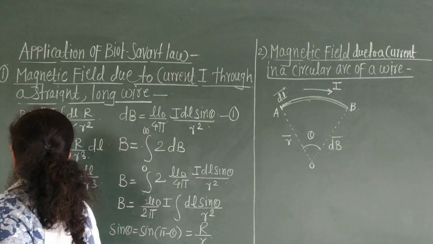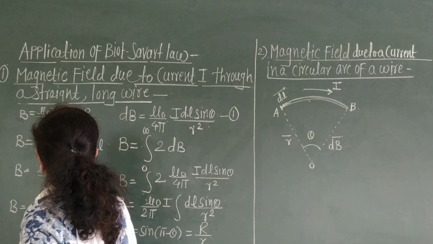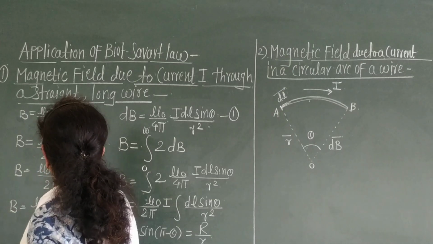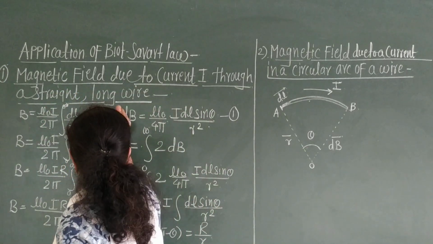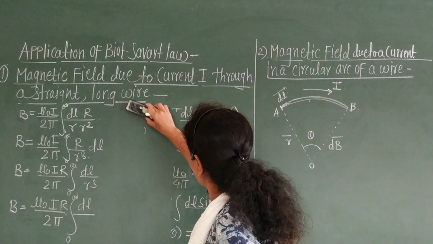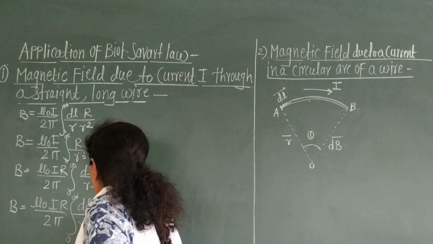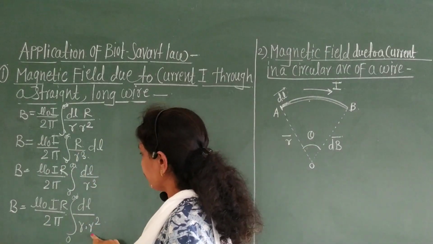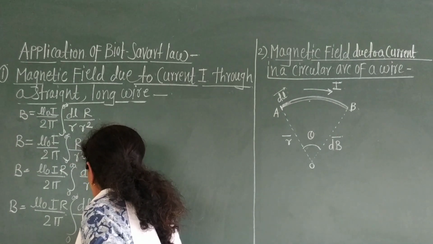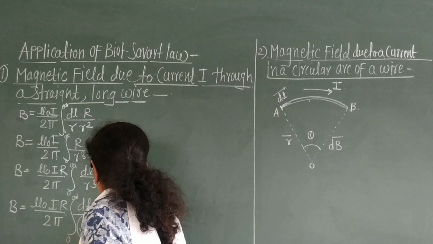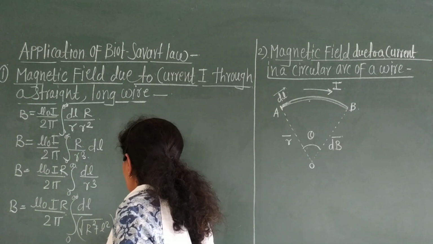Therefore, B is equal to mu 0 I R upon 2 pi, integration from the limits 0 to infinity, here all limits are 0 to infinity, dl upon r into r square. Now we first put up the value of r, under root of capital R square plus L square, into small r square, which is R square plus L square.